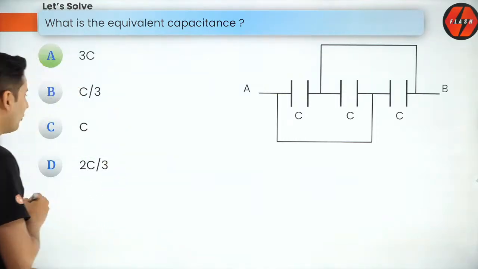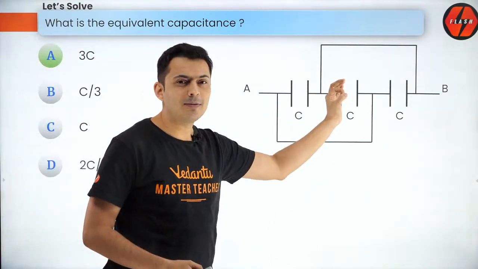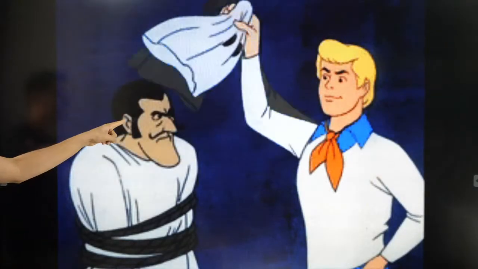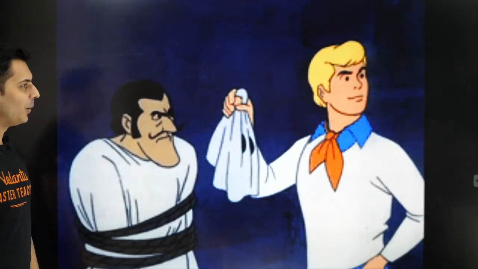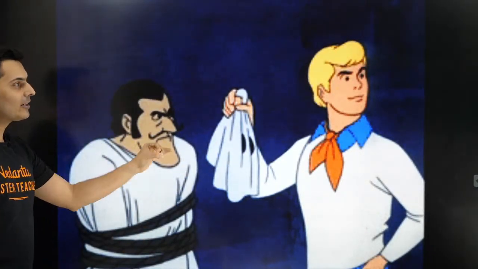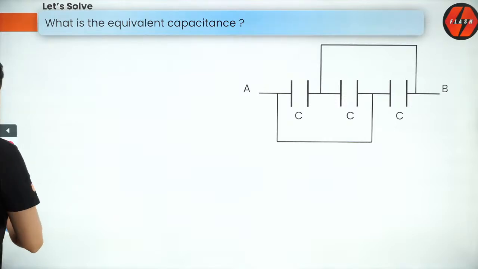Now let me tell you why it is option A. This type of arrangement is a very special type of arrangement, a disguised form. You just have to remove the mask, you have to see it clearly, and you'll realize it's actually a very simple circuit. How? Look at this.